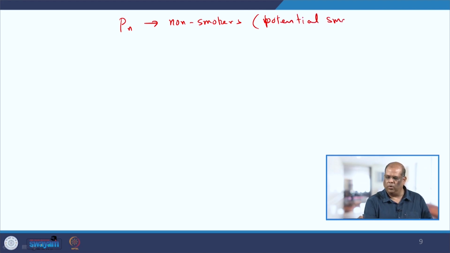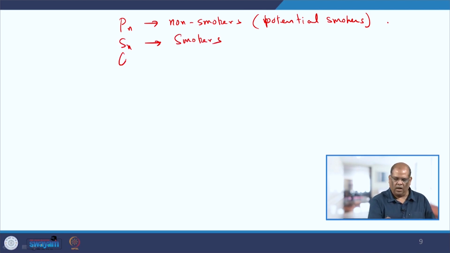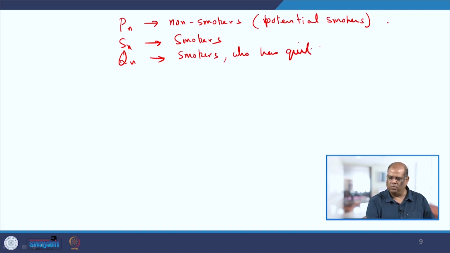Suppose we have Pn, we call them non-smokers, but they are potential smokers, and Sn to be the smokers, and Qn to be the smokers who have quit smoking.